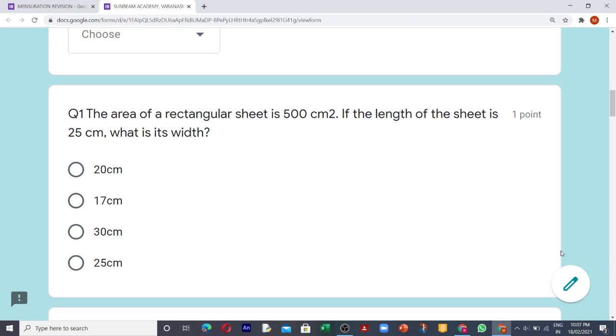You have to find the width of a rectangular sheet, isn't it? I know you people are doing it. I want participation from all children, so do it, children. If done, then we can move to the next question.